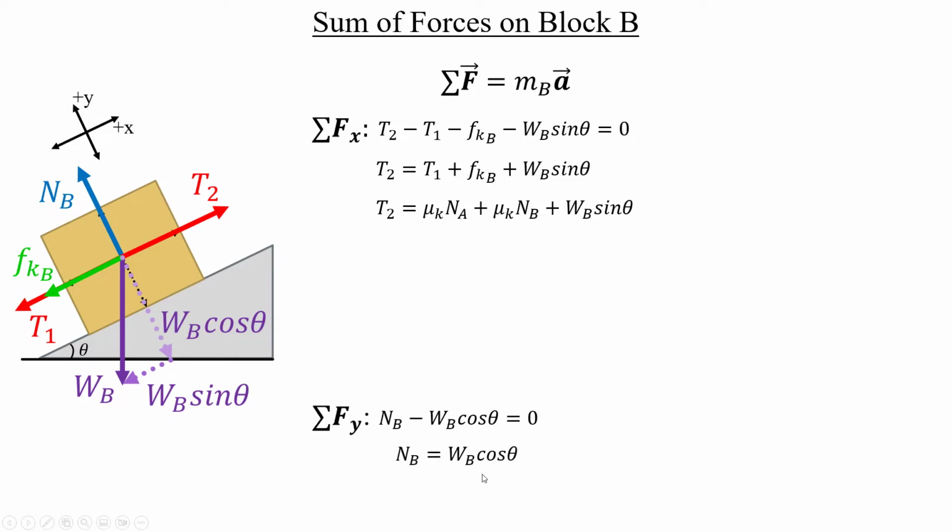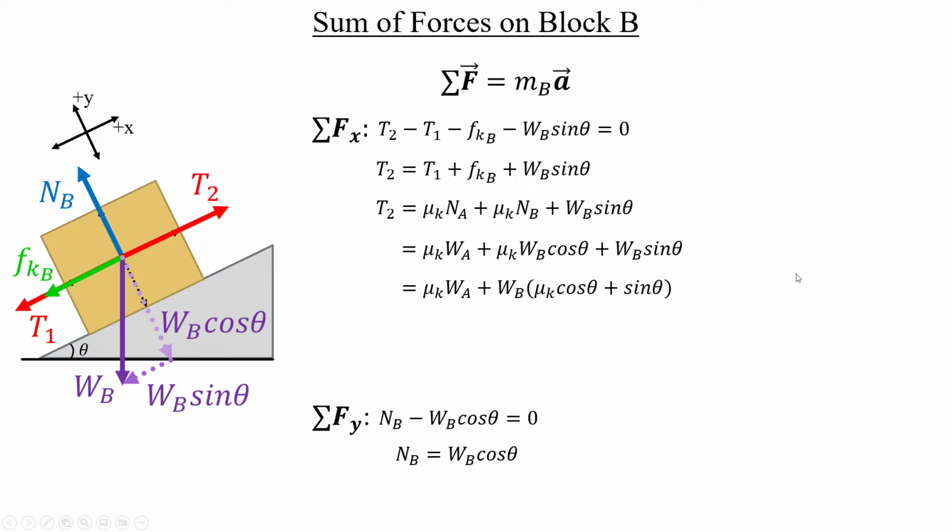So with that, we can snag this and move back up, plug that in here, and get a full expression for tension 2. To save myself a little bit of writing space on the screen, I'm going to factor out the weight of block B from the second and third terms here, like this.